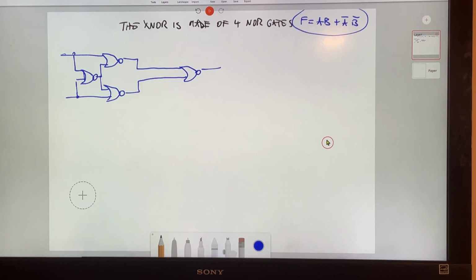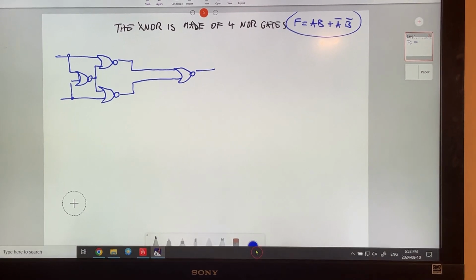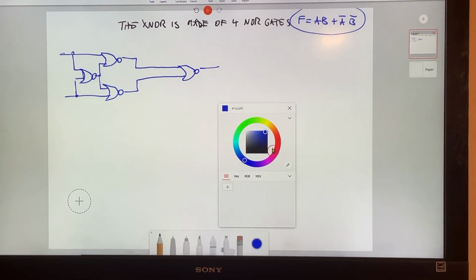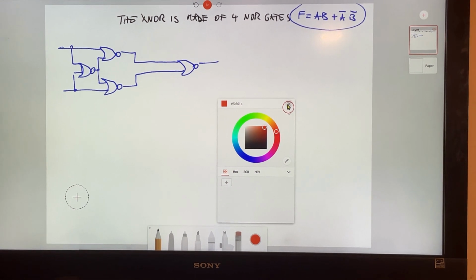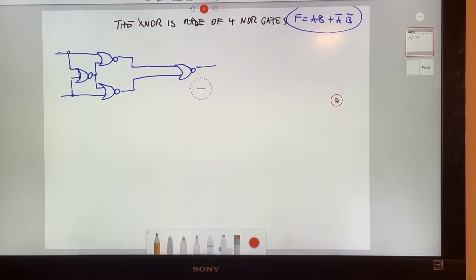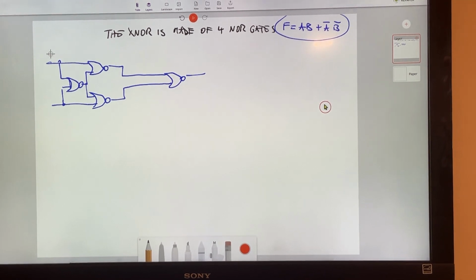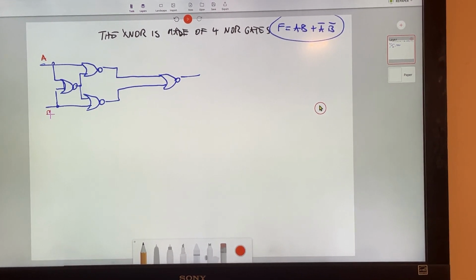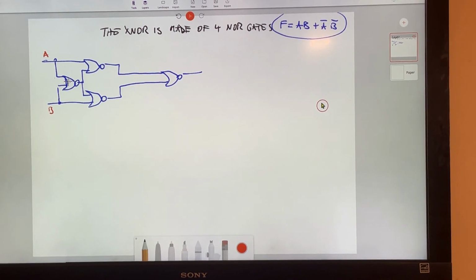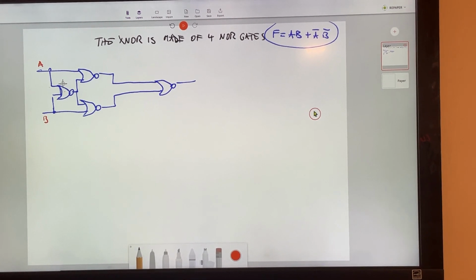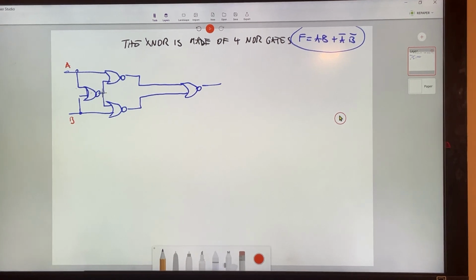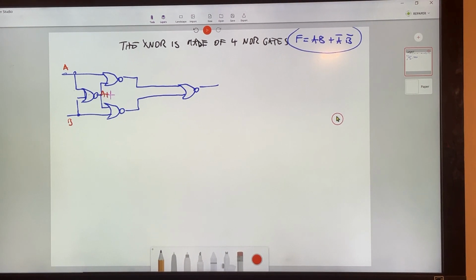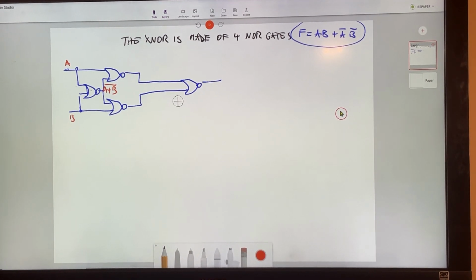So right now, we're going to find out what happens here if we realize how these inputs and outputs are combining with each other. If we put letters here, like the input A and the input B, these are becoming the inputs of the first gate. So at the output of it, we're going to have simply A plus B with a bar in the top.